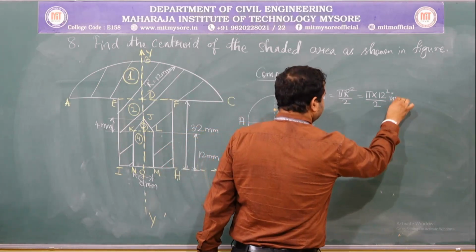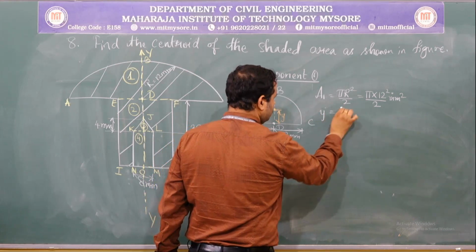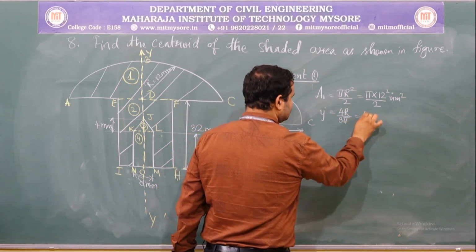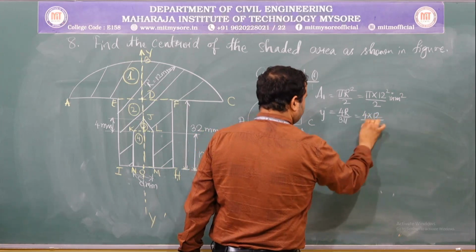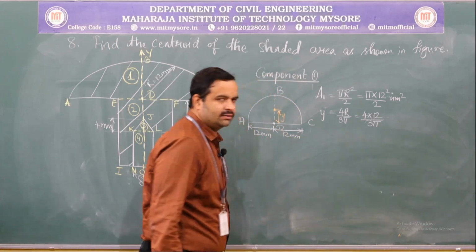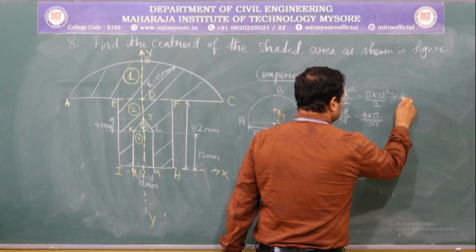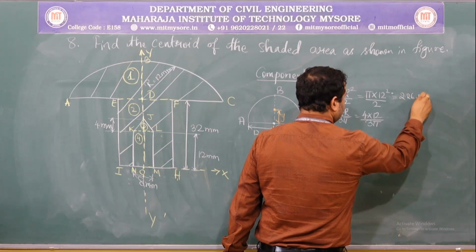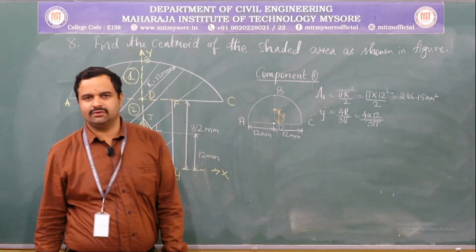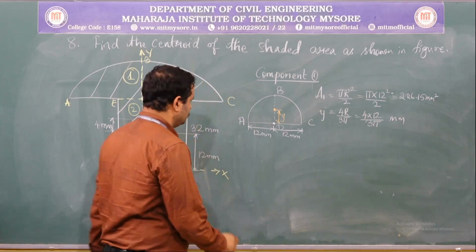This will be in mm square. Next, what about y? y is equal to 4r by 3 pi. Substituting r as 12, 4 into 12 by 3 pi. Okay. So, this is 226.15 mm square. I am writing this value now itself. Now, let us go to component 2.